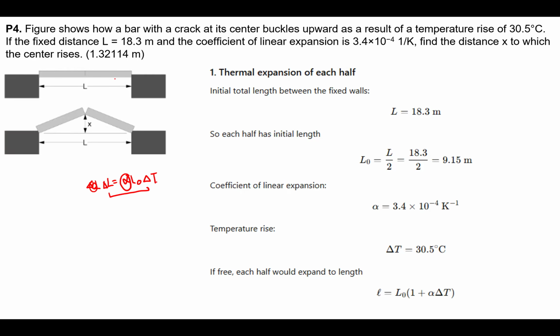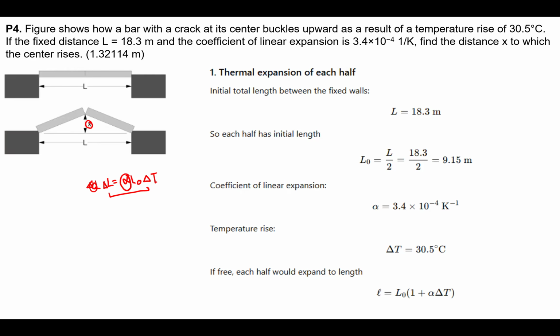What is happening here is that there's some kind of crack in the beginning, but as the temperature goes up and these are expanding, this breaks up like this, and then it turns into kind of a triangle, and then we need to find out this x value.